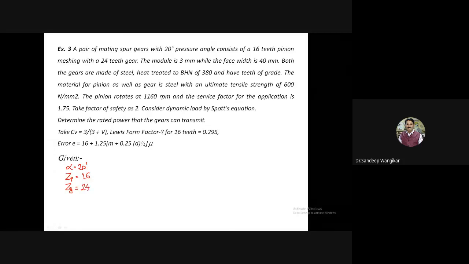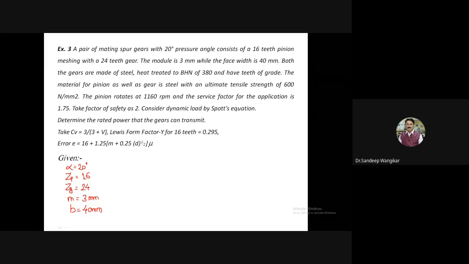The module is 3 millimeters while the face width is 40 millimeters. So I will write here module is equal to 3 millimeters and face width is given as 40 millimeters.